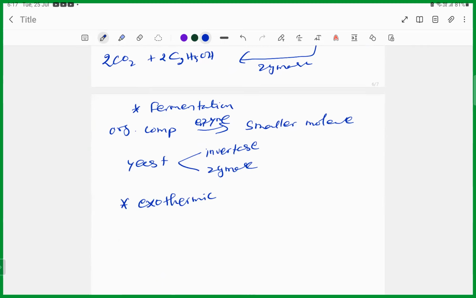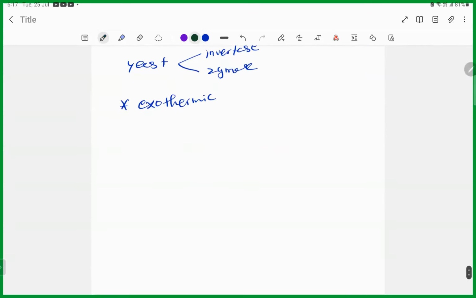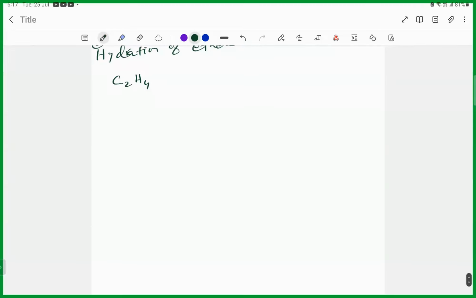Then the second method of ethanol preparation is hydration of ethene. Ethene is nothing but ethylene. When ethylene, C2H4, adds a water molecule, it becomes ethanol. Ethylene is obtained by the cracking of petroleum, and along with water it is pressurized to 60 atmospheres and passed over phosphoric acid at 300 degrees.